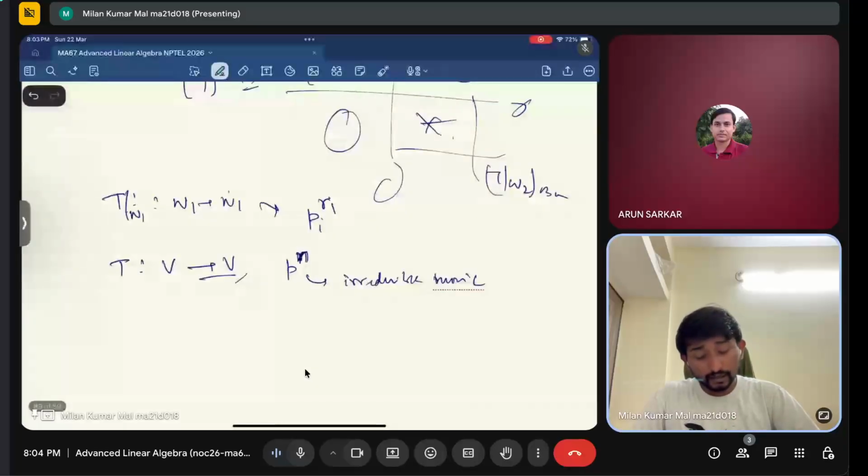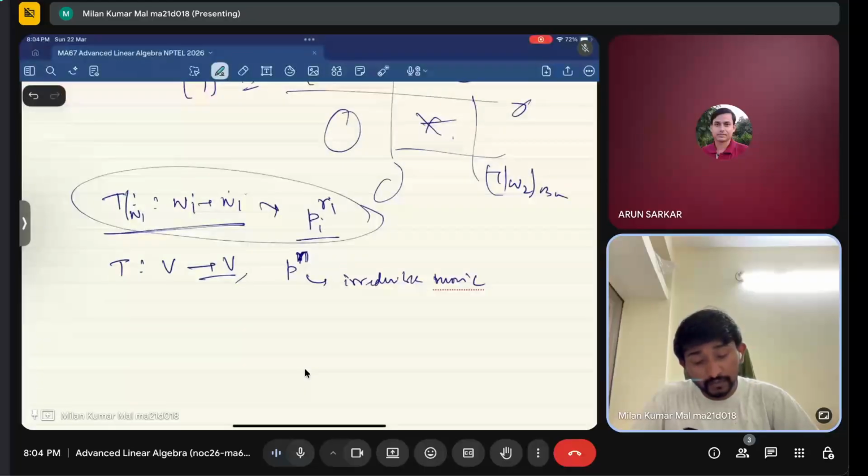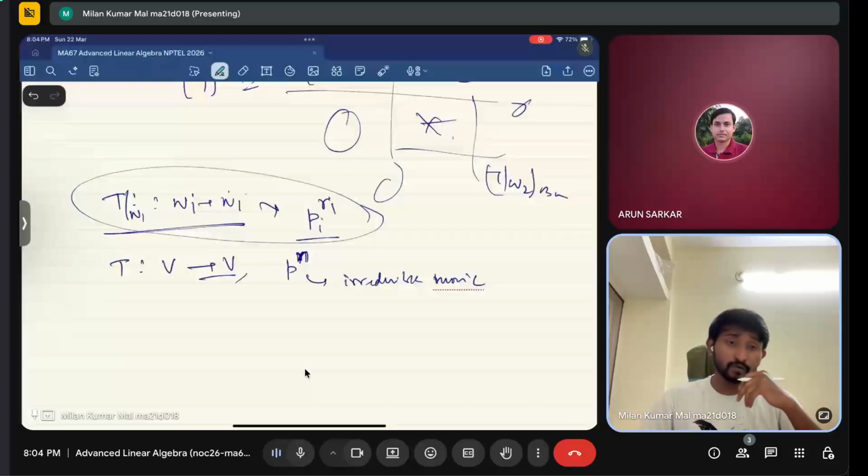So let's restate the question: T is a linear operator from the vector space V to V, for which the minimal polynomial is P to the power N, and P is an irreducible monic polynomial, because these are the building blocks in the primary decomposition theorem. In the primary decomposition theorem, these Pi's are irreducible monic polynomials. So that's why we will be focusing on this.